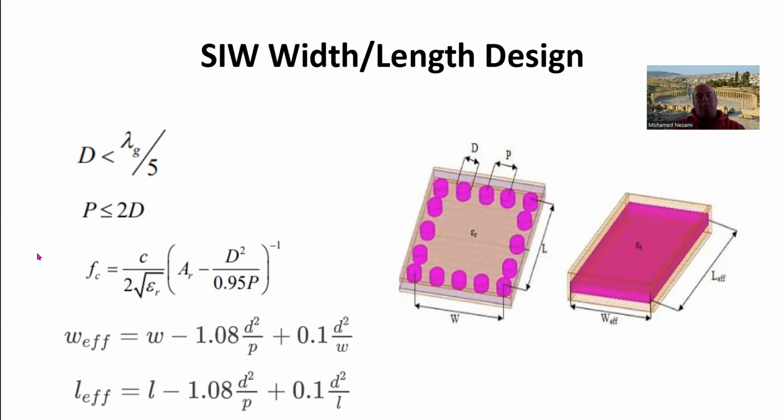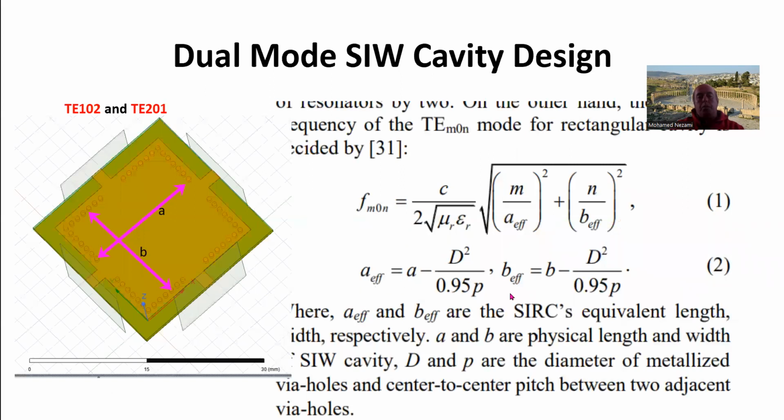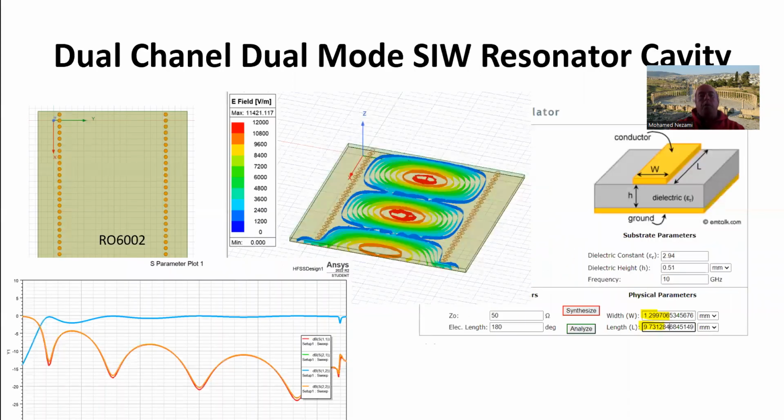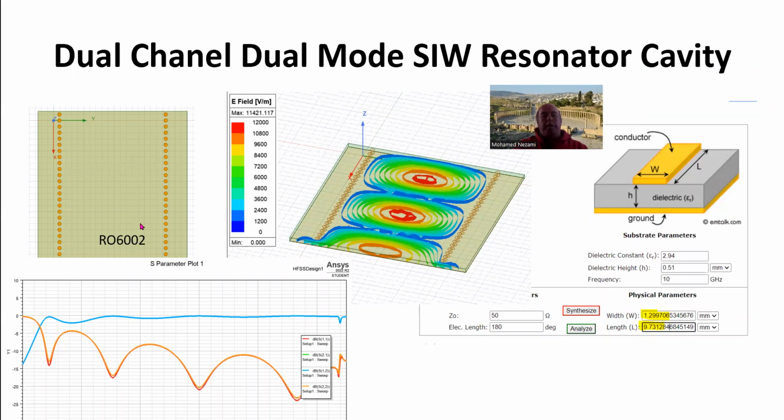And of course, the cutoff frequency, you can find automatically, just to verify that this waveguide is usable at the desired frequencies. Then we can find the W effective and length effective, which are basically the same equations as these ones here. Once we do that, we have to verify that the waveguide is operating appropriately.